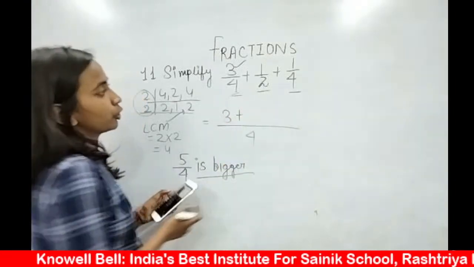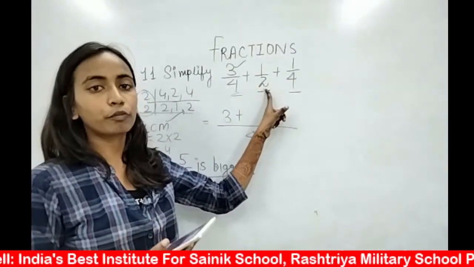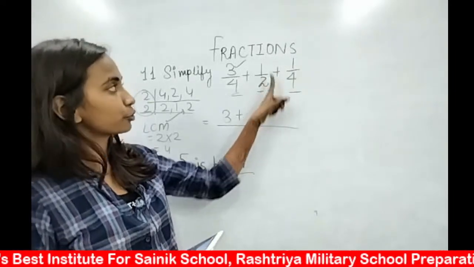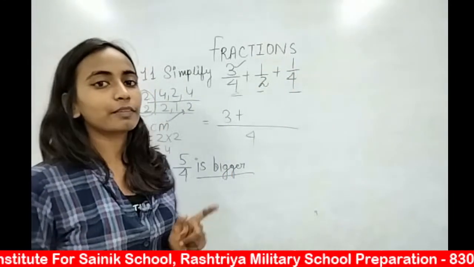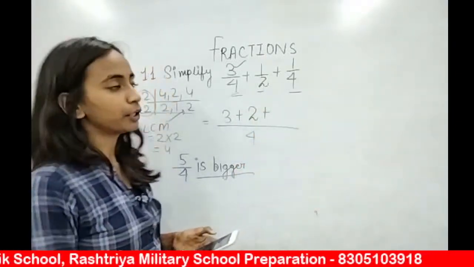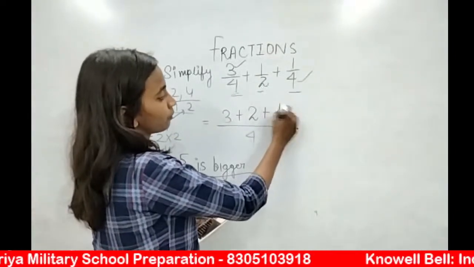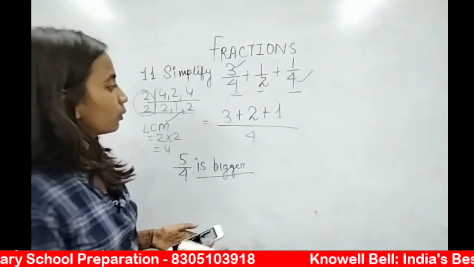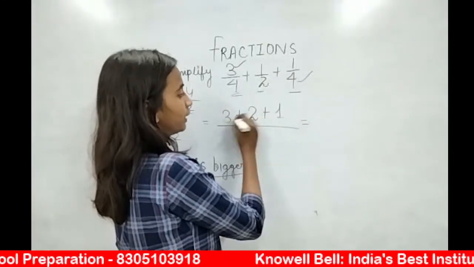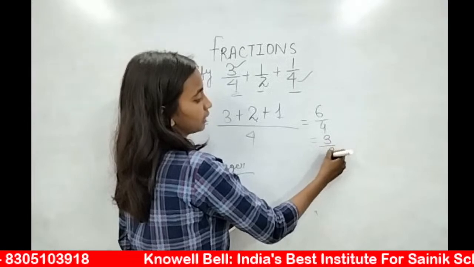For the 2, we converted the denominator into 4. 2 2s are 4, so you need to multiply 2 with the numerator as well. So you will get 2 multiplied by 1, 2. The 1 will stay the same because the denominator was already 4. In a way we have converted them into like fractions. So it will be 3 plus 2 plus 1, 6 by 4 or 3 by 2.